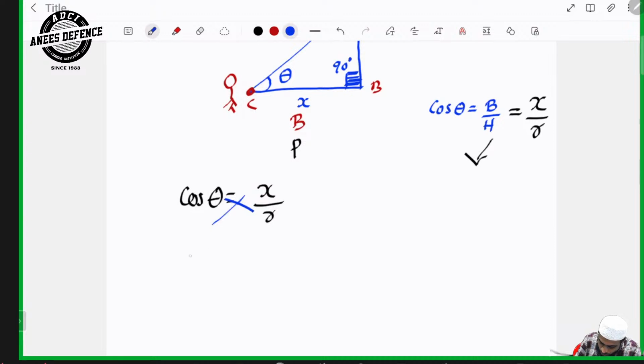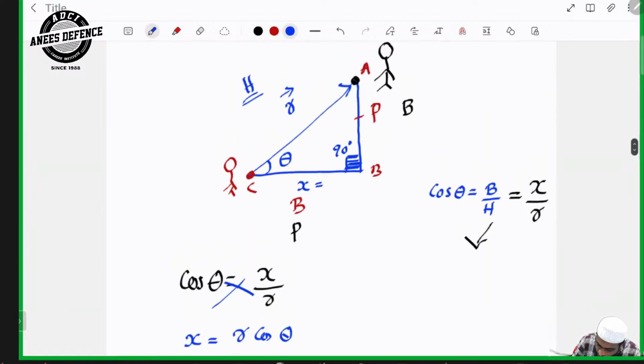X equals R cos theta. So this R can be resolved into R cos theta, the component close to theta. Now you tell what is sin theta here.